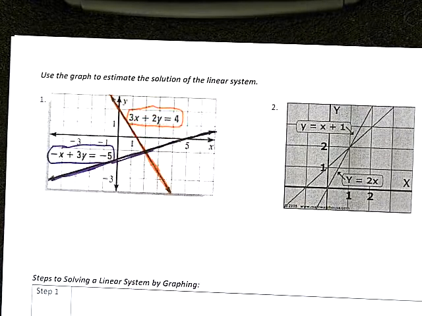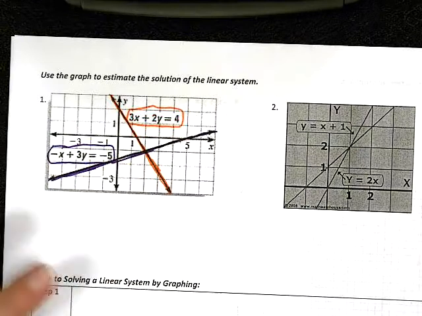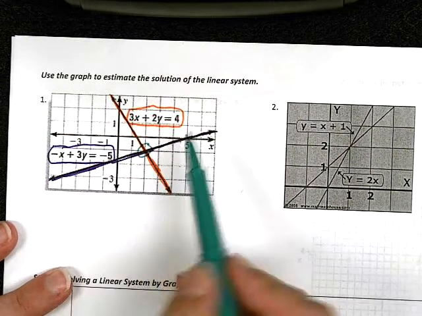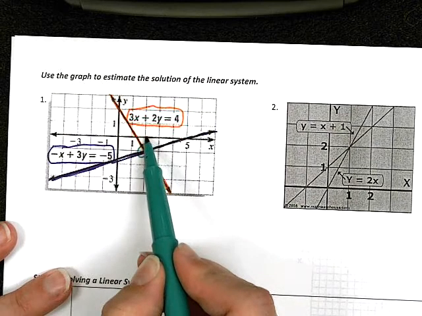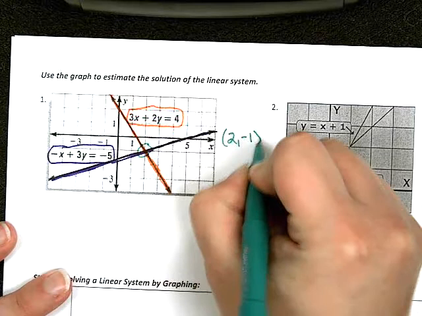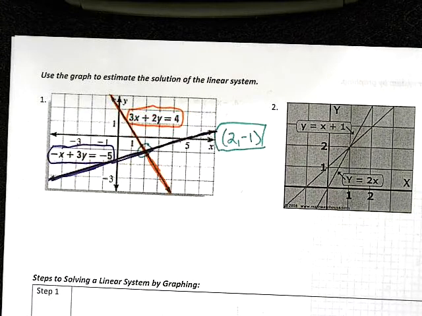I luck out and they're already graphed. Okay? What I want to do is find their point of intersection. I see that they intersect right there. For that coordinate point, I'm going 2 to the right and down 1. So that's the point 2, -1. I'm pretty sure that that is the solution to my system, but I'm going to have to check it and make sure that it actually works in both equations.